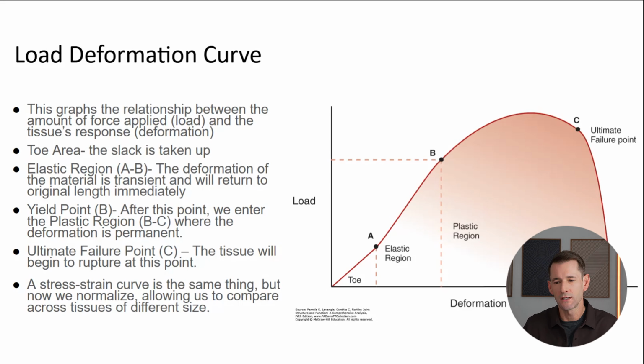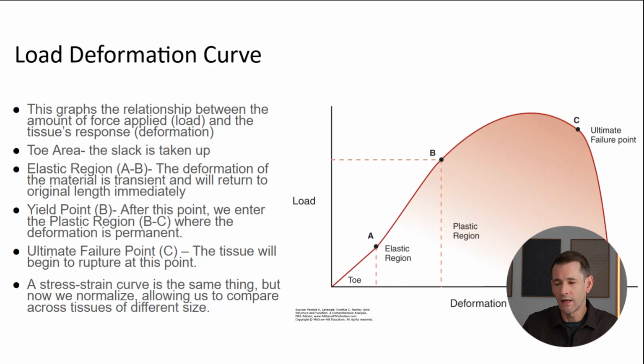So within this elastic region, the difference in the tissue length is transient, meaning that it will return to its original length after that load is reduced. And that's an important region. A lot of our activities of daily life, our normal movements, occur in this toe and elastic region. That's where most functional activities are, because we don't want to have a permanent change in our tissue.